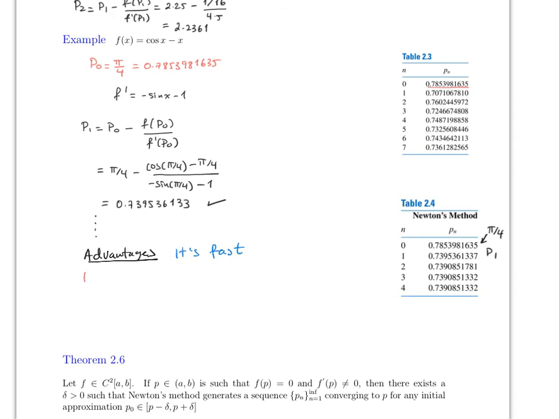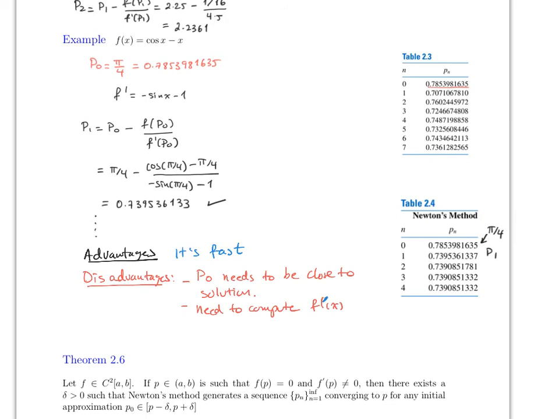But it has some disadvantages. The main disadvantage is that P0 needs to be close to the solution, which you may not know, so then you'll be in trouble. The other disadvantage is that you need to compute f prime of x.